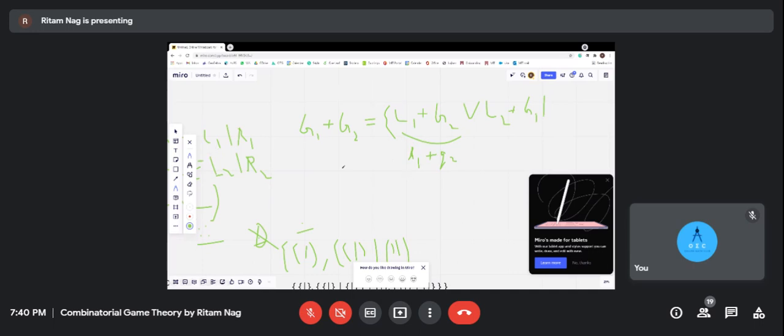These are games in themselves, right? What does this mean? These are sets of games. So it's the set of all possible sums from L1 and G2. Do you see why this is the case? Yes, a little bit, I think.